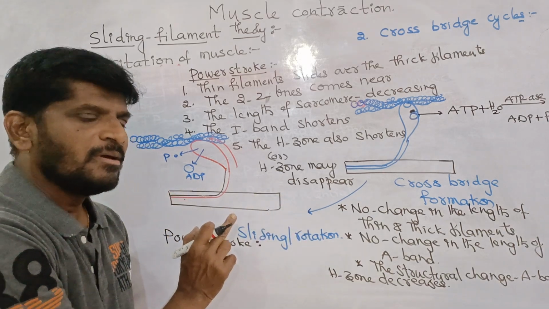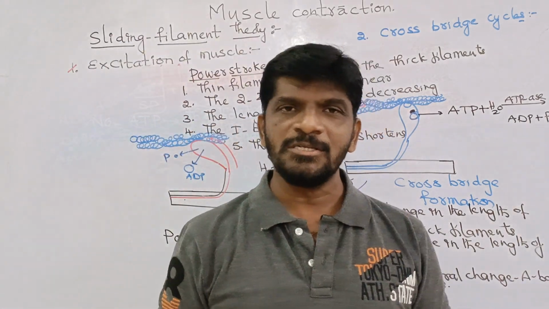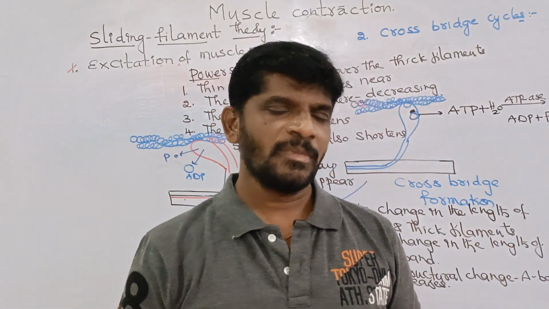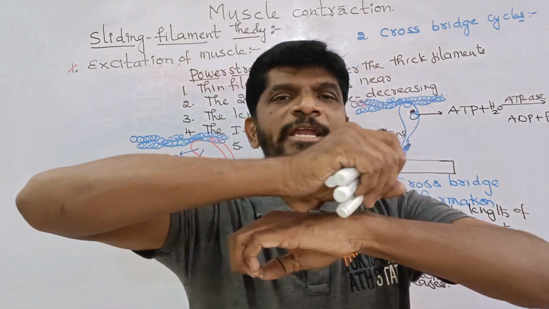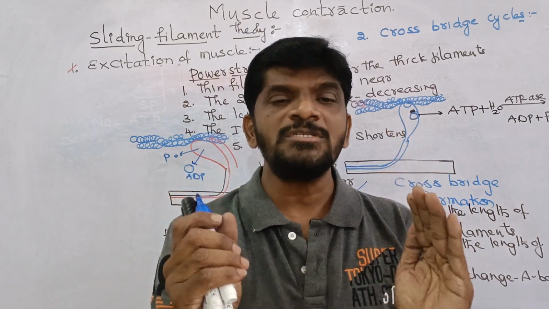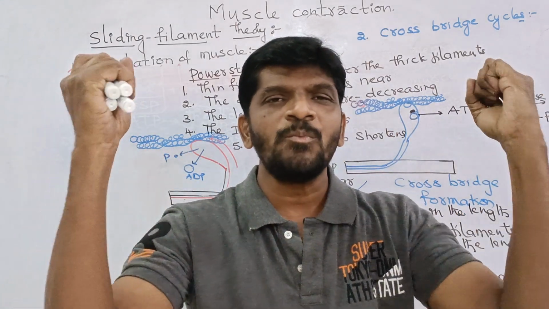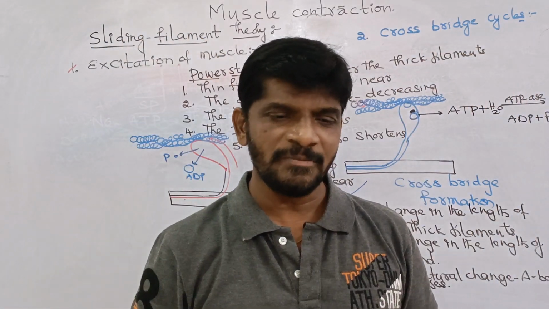Very important. I should repeat it once again. During the sliding or rotation or the power stroke, the thin filaments are sliding over the thick filament. As these thin filaments are bound to the Z lines, the Z lines also move towards each other.